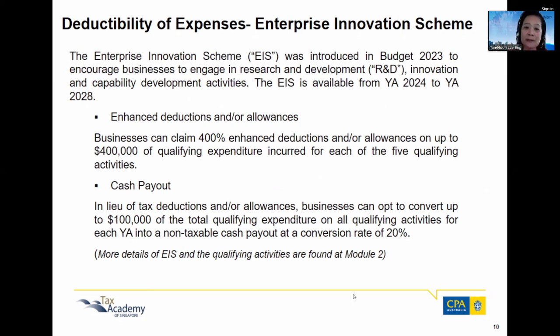There's another one in lieu of deduction. A self-employed taxpayer may want to get a cash payout. The cash payout is at the conversion rate of 20%. That means the cost that you incurred times 20% will be the cash payout. So the self-employed taxpayer has a choice whether you want to claim the 400% deduction or get the cash payout.